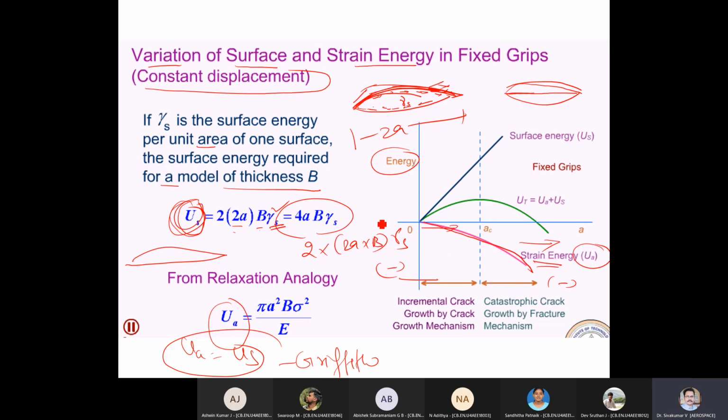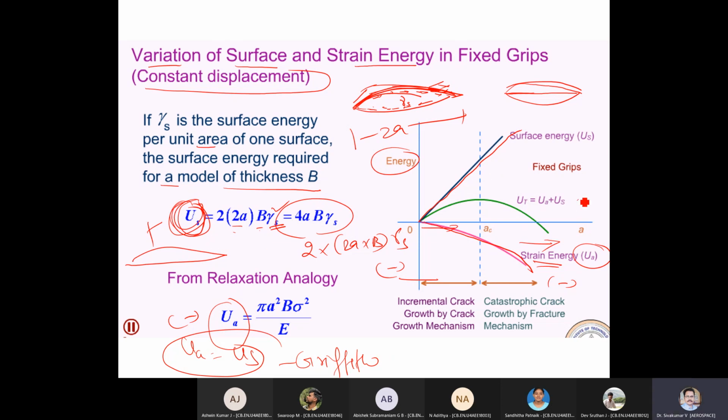On the other hand, as your crack increases, your surface energy is also increasing, and that is positive, no problem. So this is negative, this is positive.